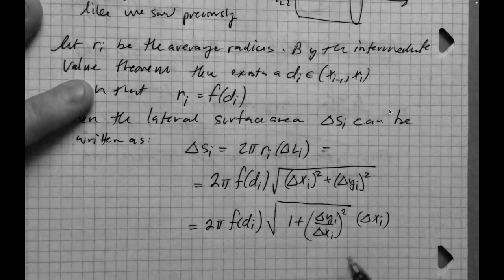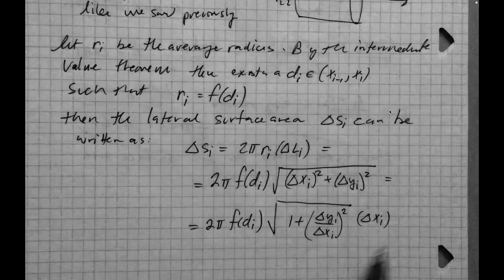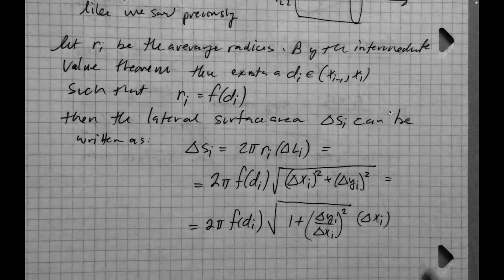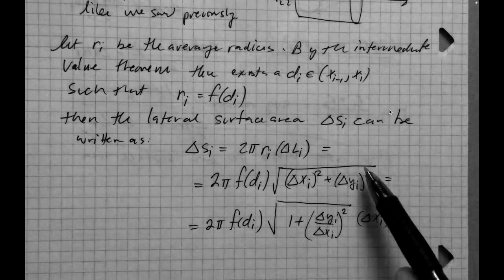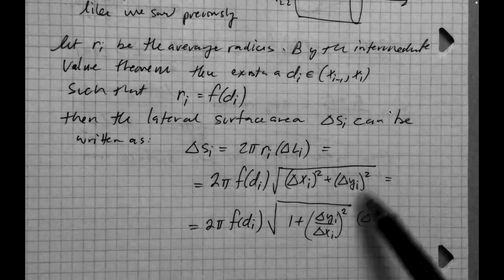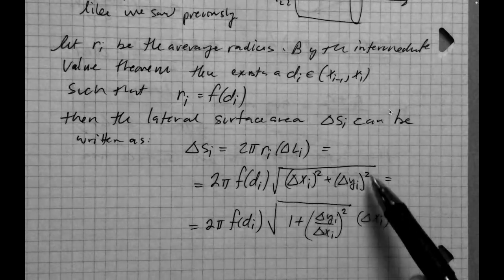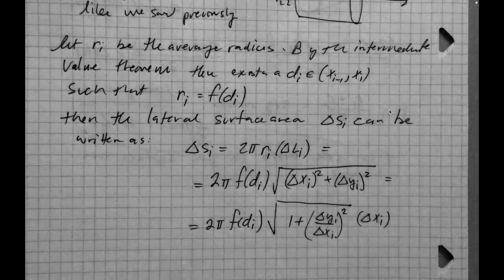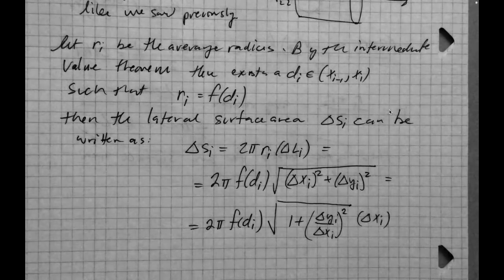You may remember that trick. If you didn't watch the previous part of this lecture, then you're probably in the dark, but basically you can multiply this term top and bottom by delta xi squared over delta xi squared, and then rearrange it and do some algebra, and the whole thing can be rewritten like this.